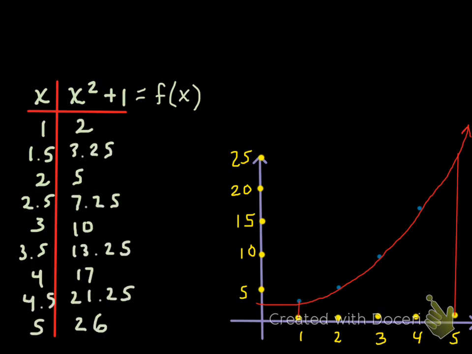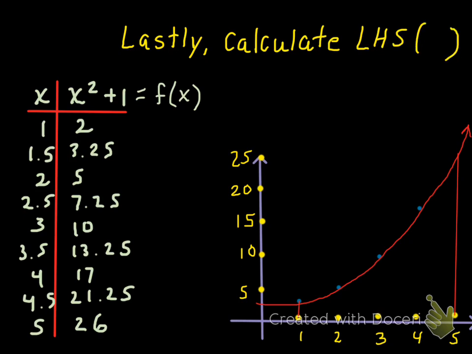This time, in our last progression, I want to calculate a left-hand sum, and with this left-hand sum, I want to use not 2 rectangles, not 4 rectangles, not 8 rectangles, not 16 or 32 or 64 or 100 or 1,000 or 10,000. The truth is, I want to use an infinite number of rectangles.